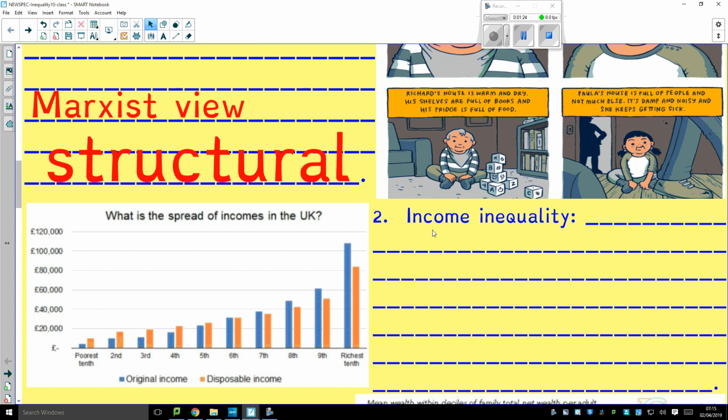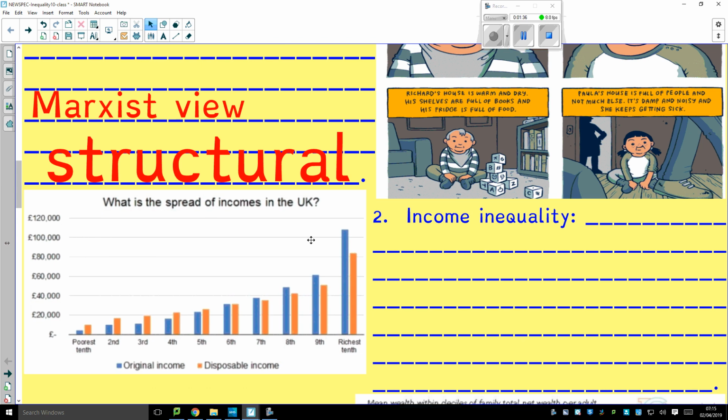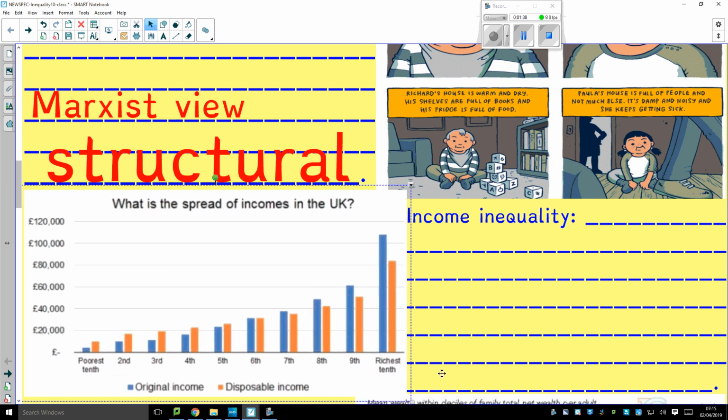Right, so let's look at this inequality. First off, income. Income is the money you've got coming in every month, mostly through wages, some of it may be through benefits. You can see on this chart here, everybody in the country split into 10% groups. The poorest 10%, the richest 10%.